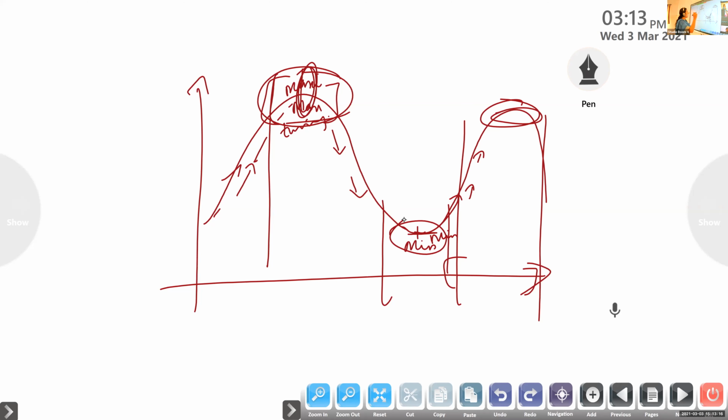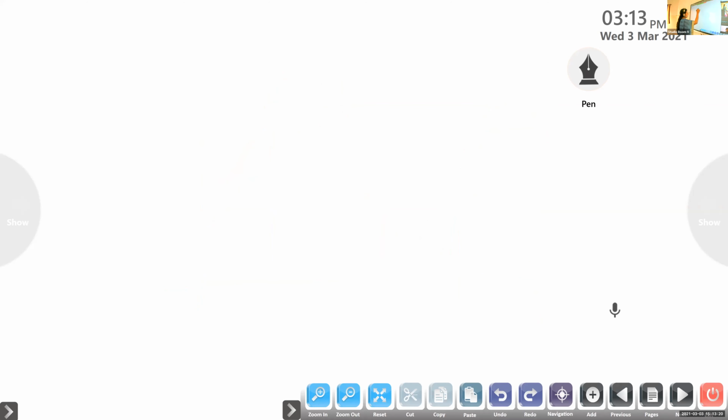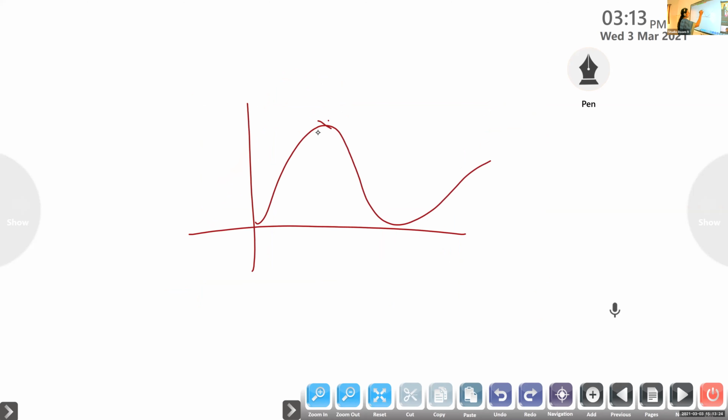When you draw a curve like this, this is the point where the maximum occurs.